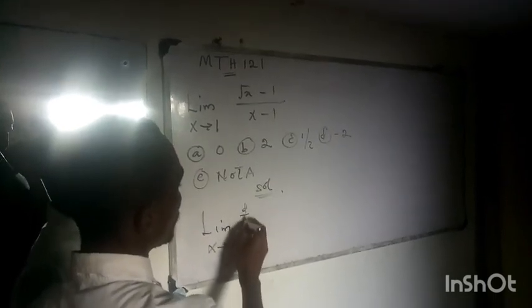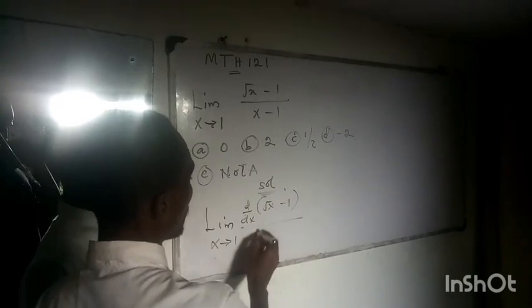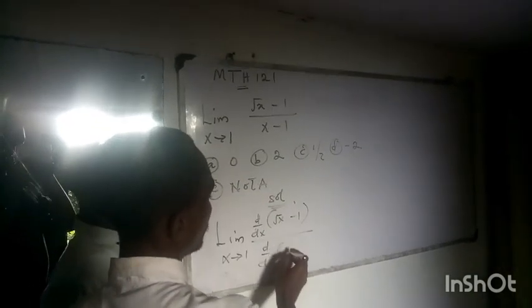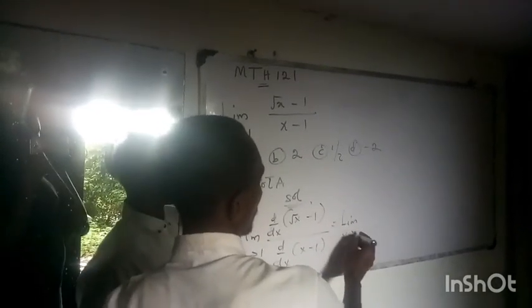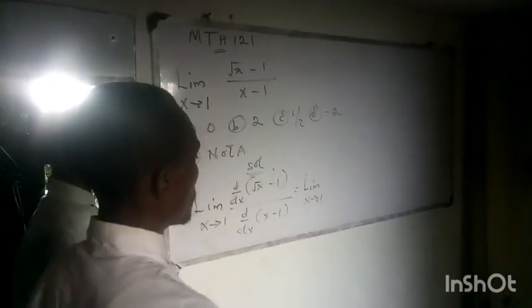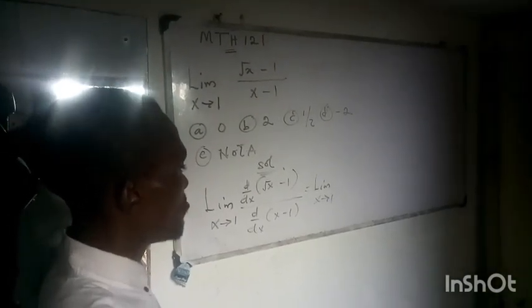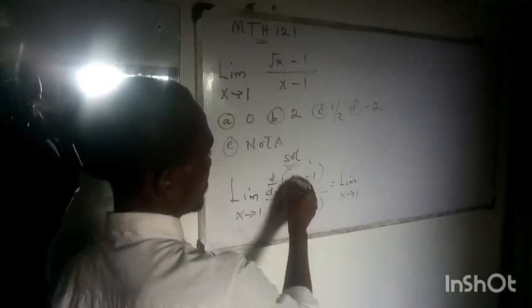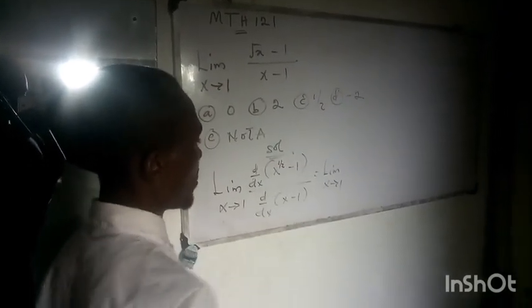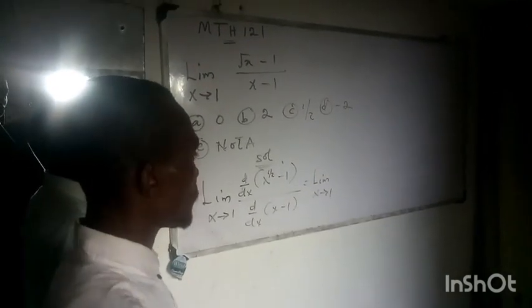Now the differentiation of this term and the differentiation of this term. The differentiation of root x, we can rewrite it as x to the power of half. Remember, roots can be written as powers of half, so it's going to be clear as we do the differentiation.